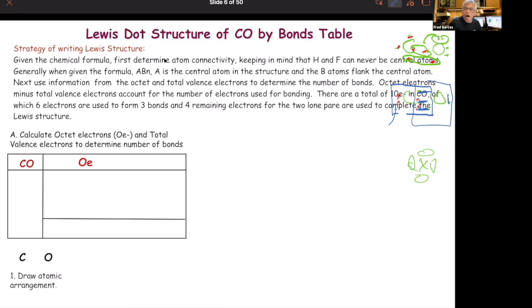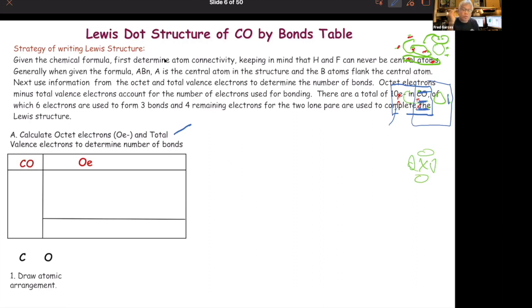OE stands for octet electrons. Octet electrons tells you, if the atom were to get the same number of electrons as a noble gas, how many total would be around that atom? And the answer is always 8, or 2. And it's only 2 for hydrogens. It's 8 for all other atoms.